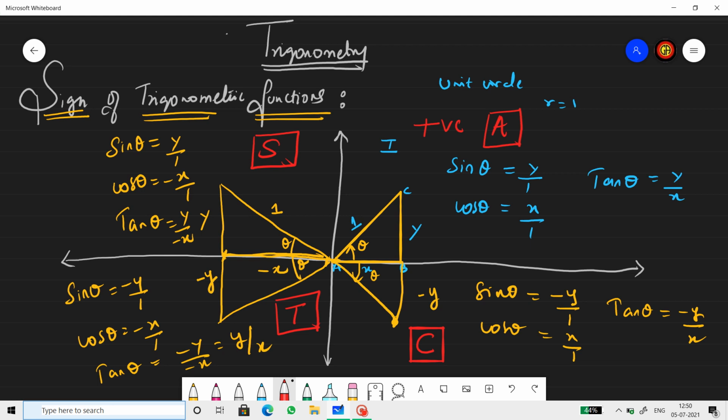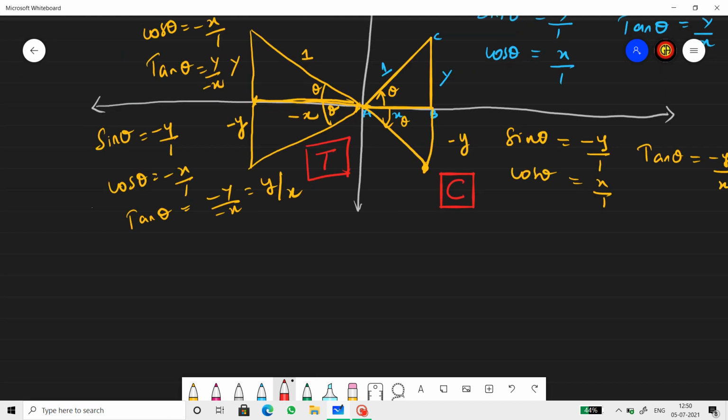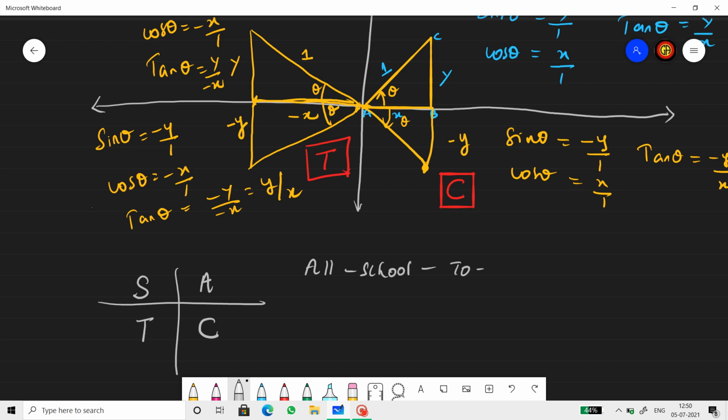So in a nutshell, of the four quadrants, the first quadrant is represented by A, the second by S, the third by T, and the fourth by C. All school to college.